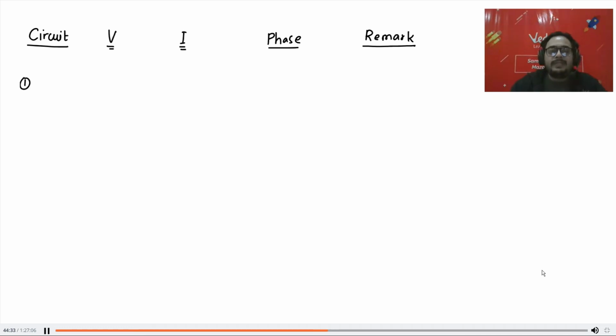So first thing is that if you have a pure resistive circuit, I will have to shift this a little.